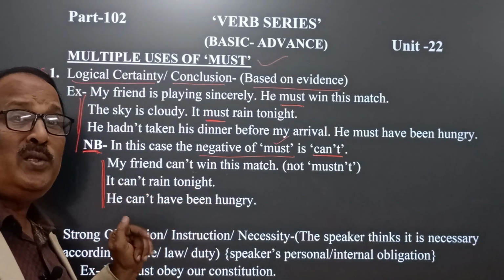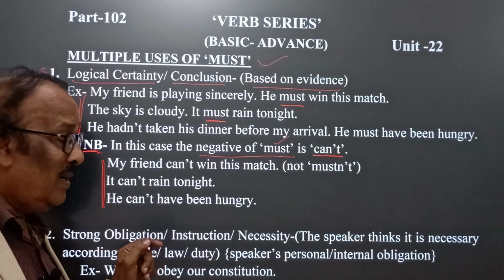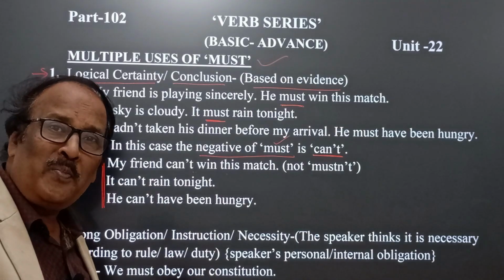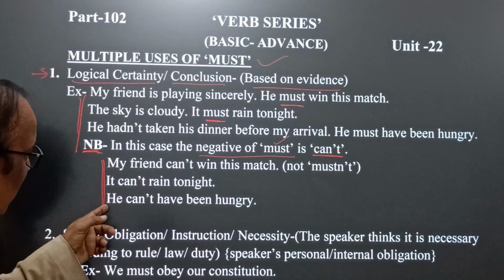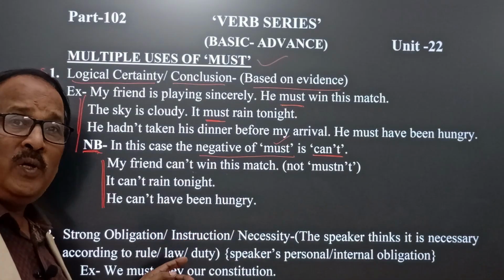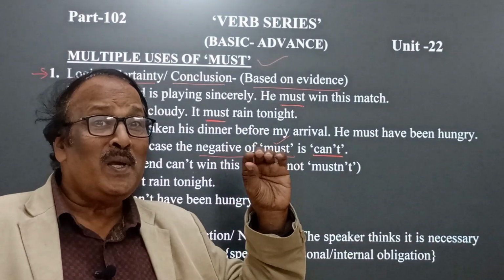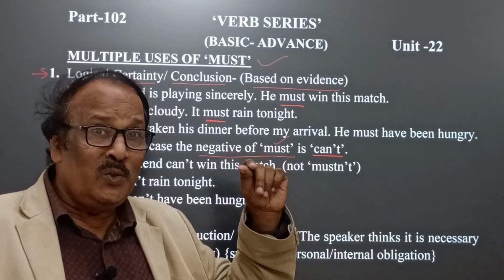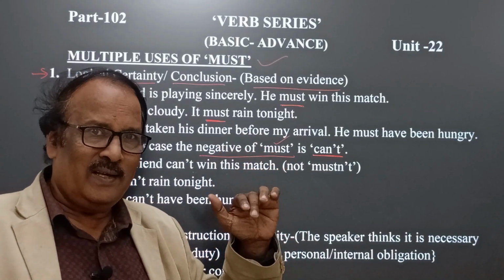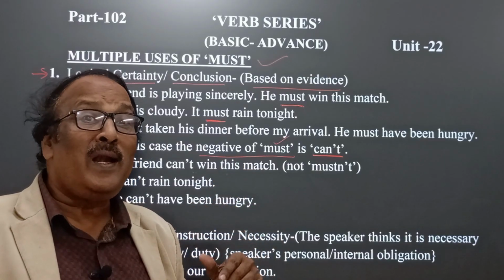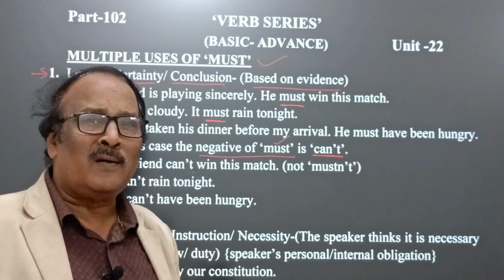Here the speaker is certain that it can't rain tonight because the sky is free from clouds. Another example, he can't have been hungry. So here we find the idea: whenever we want to describe any certainty or surety of action, in place of must, we use can't in the negative, not mustn't.